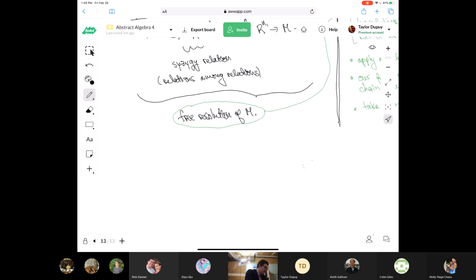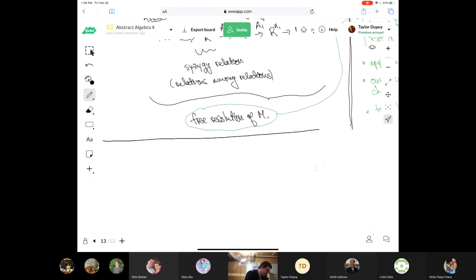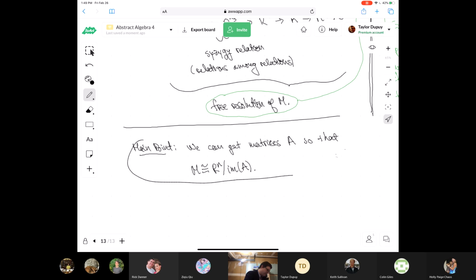So again, the main takeaway: we can get matrices A so that the module M is isomorphic to R to the N modulo the image of A. And A also encodes the kernel. But this is kind of the main point here.